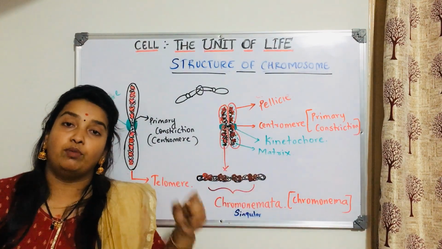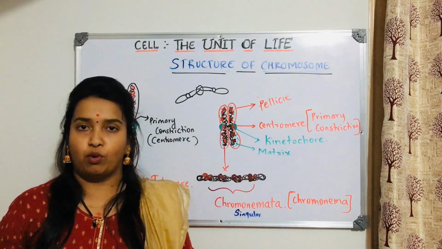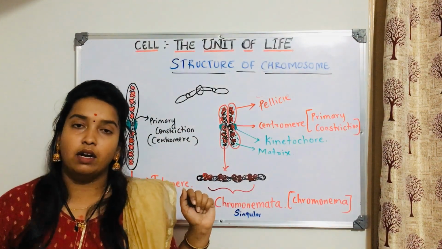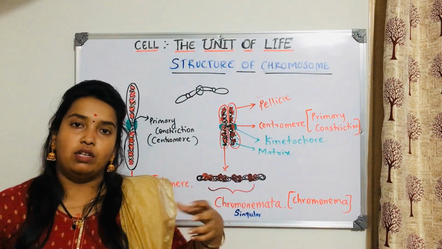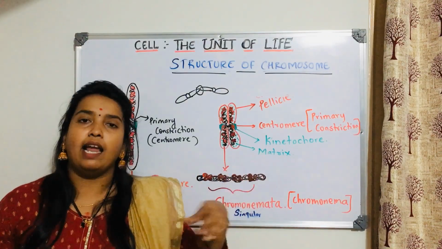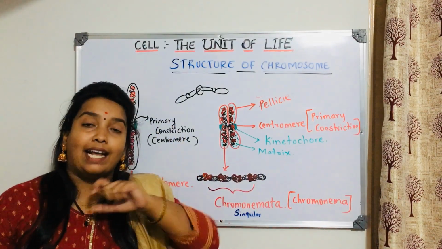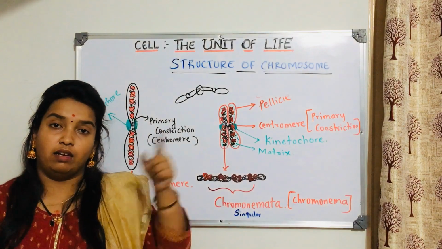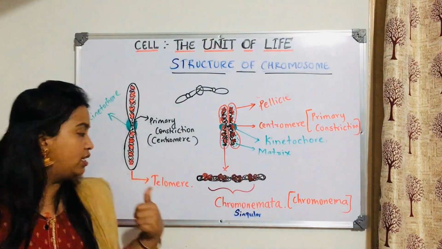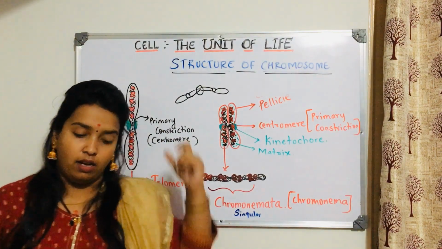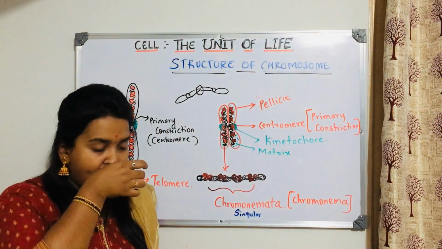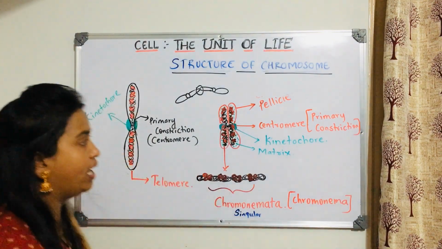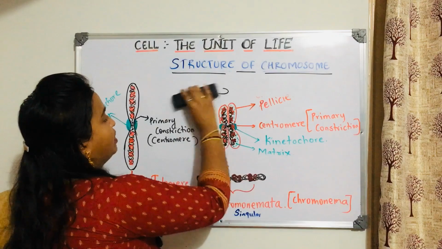It will not allow the chromosome to attach to the nuclear membrane also, because it is present inside the nucleus. However, during metaphase slowly nucleolus and nucleus will be disintegrating. Anyways, it will not allow it to attach to any other chromosomes. So this is the function of telomere as far as structure is considered. Many other functions are also there, but for now this much is enough.